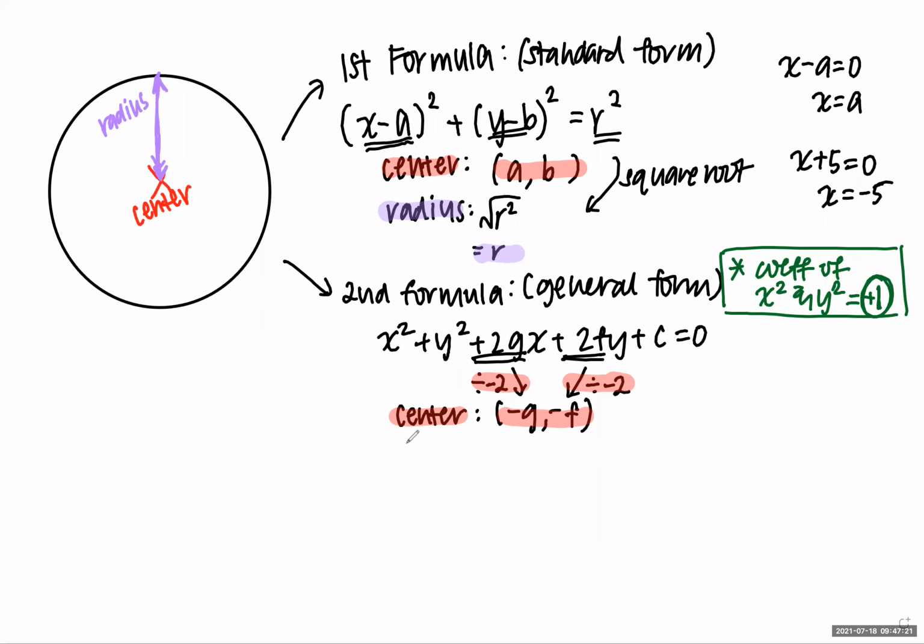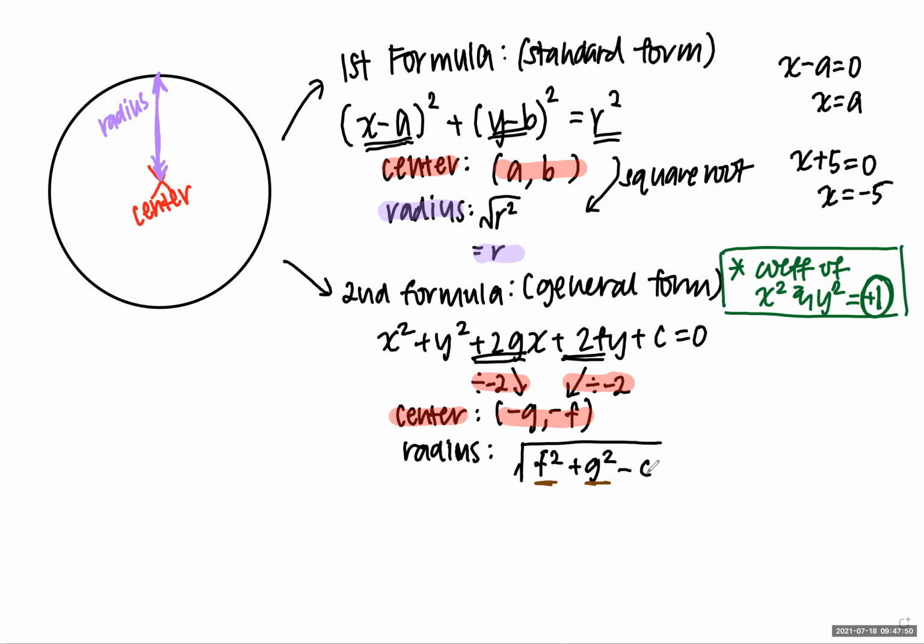Now the next one we're going to do is to find the radius. Now the radius, the formula is more complex. You need to take the square root of f squared plus g squared minus c. Now it doesn't matter who is your f squared or your g squared, because whether f and g are positive or negative, when you square it, eventually you still get a positive answer, correct or not?